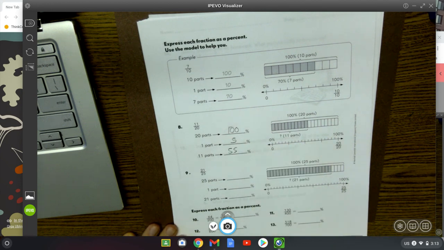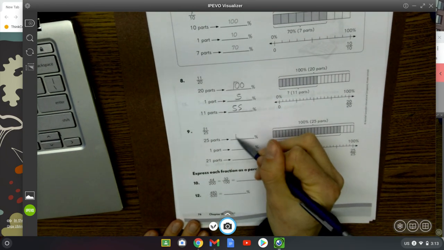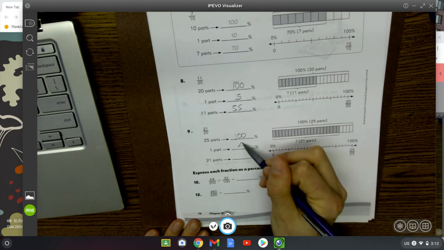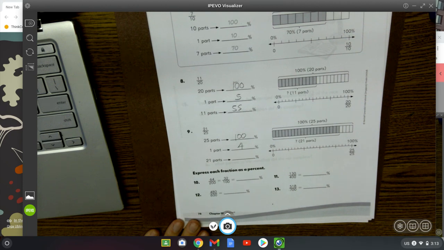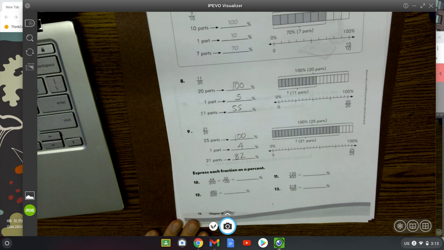So it's important that you can know what 1 part is, right? So here we have 25 parts is 100%. 1 part is 4%. So 21 parts is 82%.